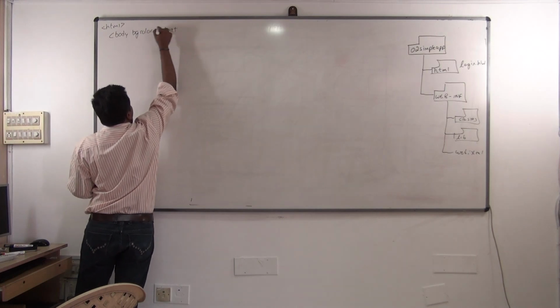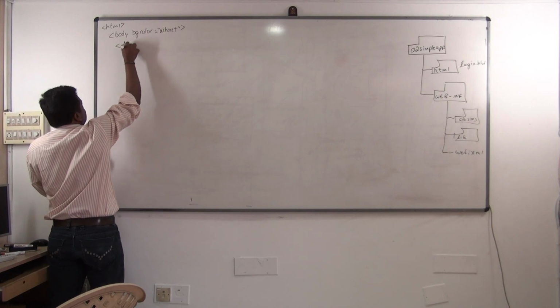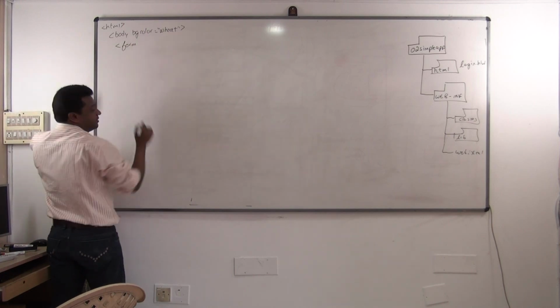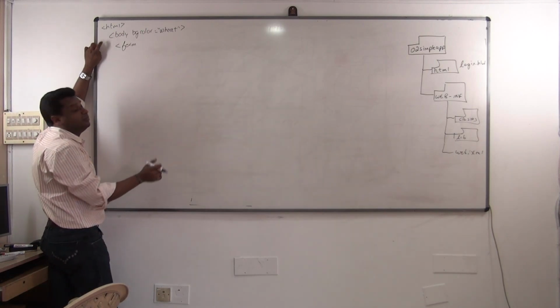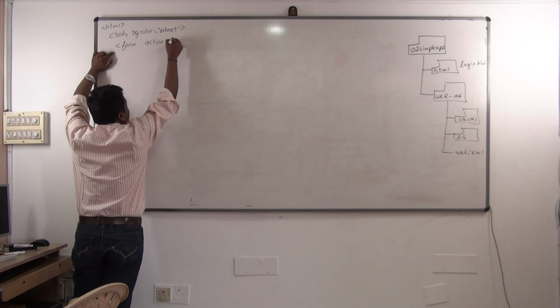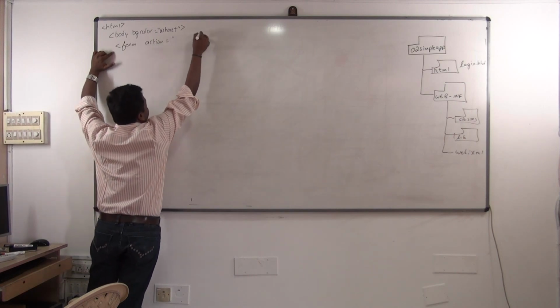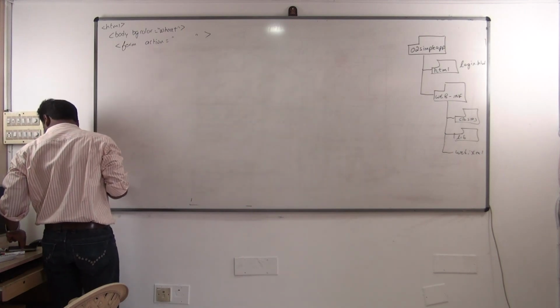Any color you want, you give. Then inside body, use one tag called form. This is a new tag that I am teaching you today, called the form tag. This tag has an attribute called action. For this I have to give some value. I'll give it in a minute. Just hold on. Two values I have to give.